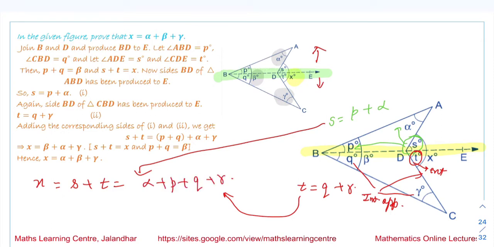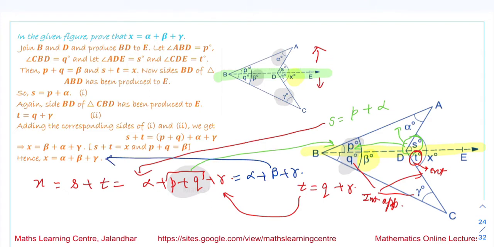Now what is the value of P plus Q? This P plus Q is over here, and the value of P plus Q is equal to beta. So the final answer is alpha plus beta plus gamma, and this is what we had to prove, that x is equal to alpha plus beta plus gamma.